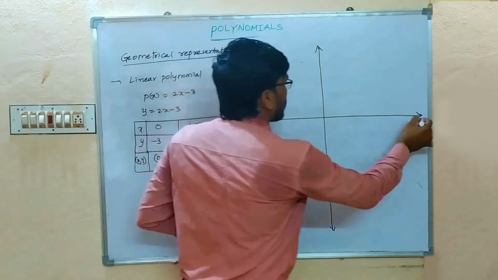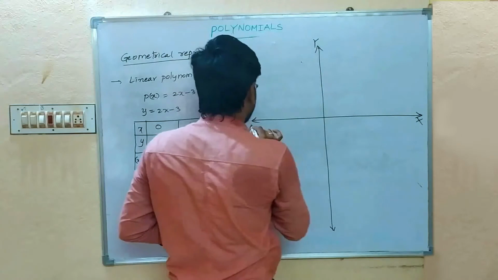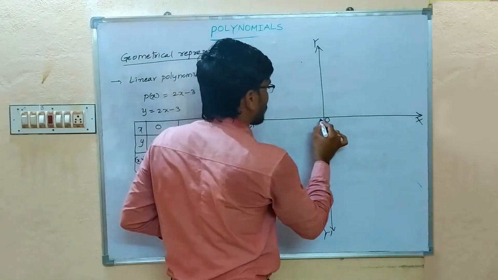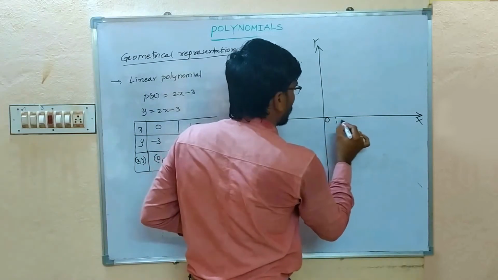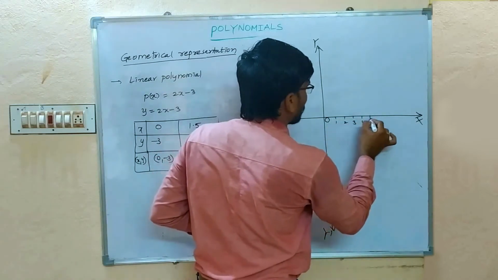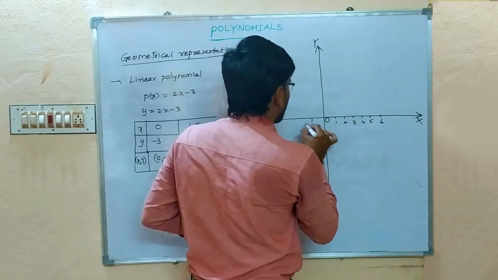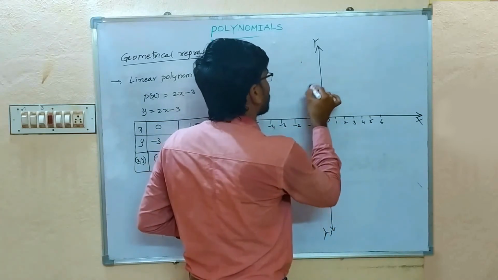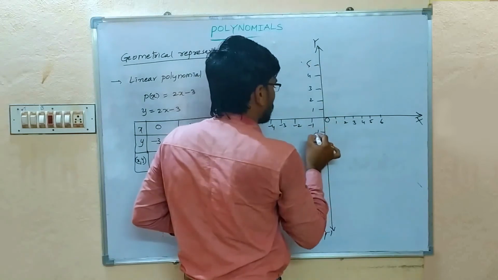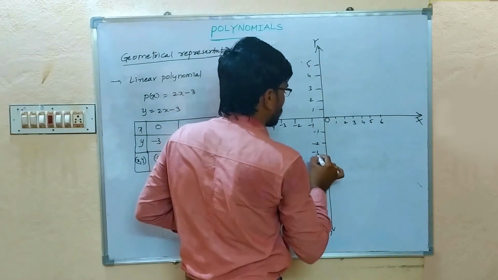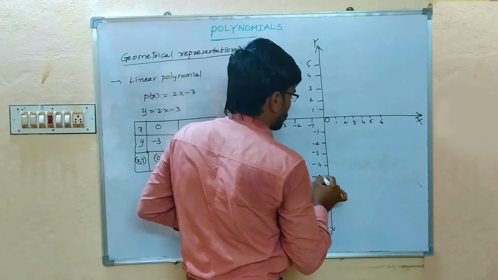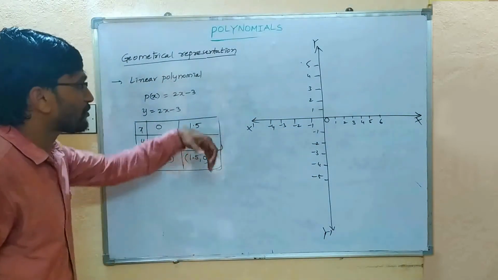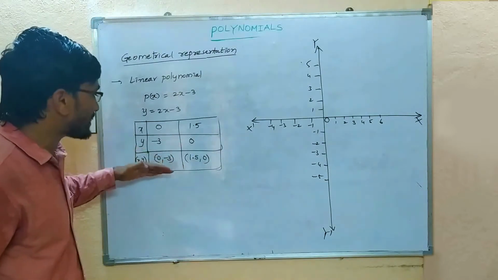Let us draw the x-axis and y-axis, and the origin. Mark 1, 2, 3, 4 and minus 1, minus 2, minus 3, minus 4 like that. Now plot these points. How to plot points, we already studied in 9th class.